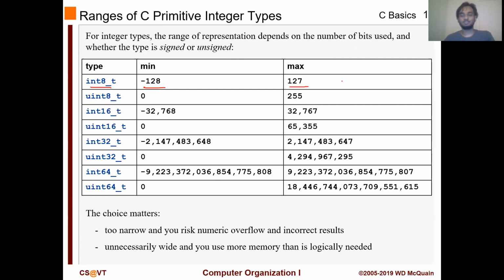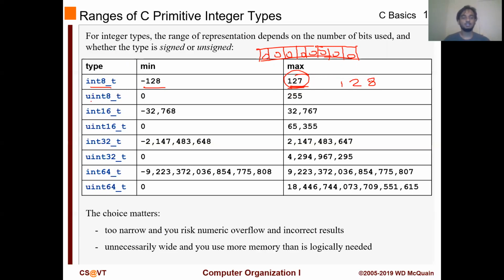So why is it not 128? When you learn the assembly part, it will make more sense to you. But for now, you can just assume that the value of 0 also needs a representation, so it's taking one part from the positives. That's why it stops at 127 and not 128.